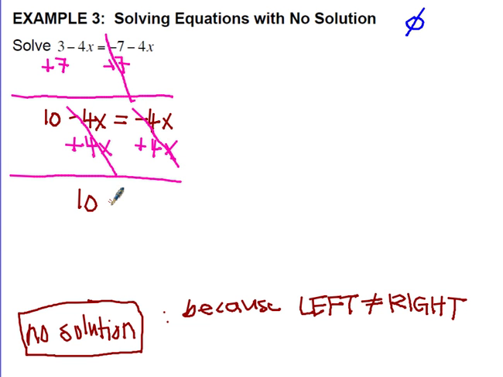And you have 10 is equal to 0, which again is not true because 10 can never equal 0. So this gives you no solution once again, even if you started by getting rid of the number on the right side instead of negative 4x.